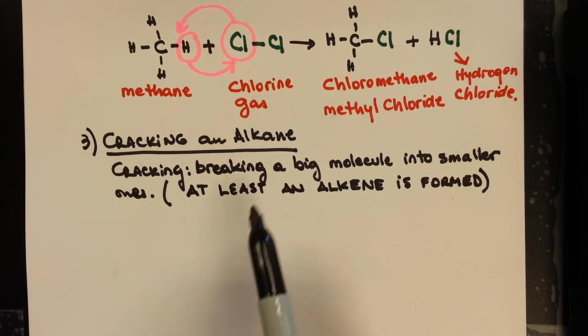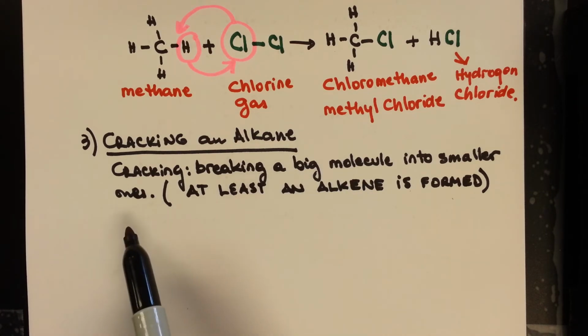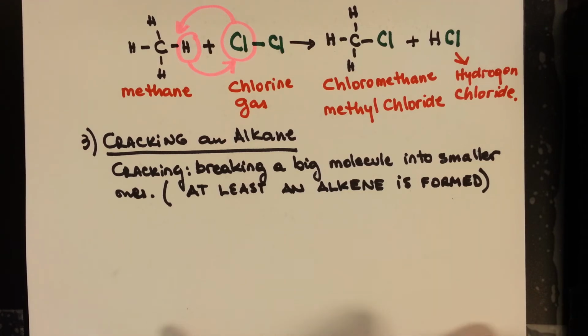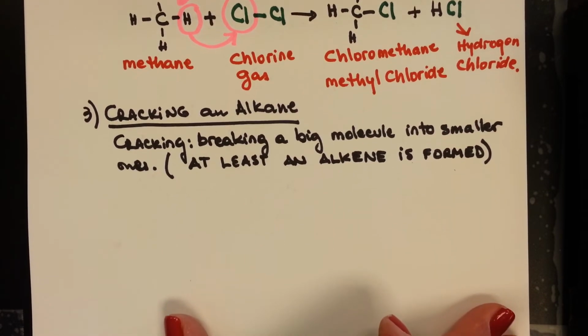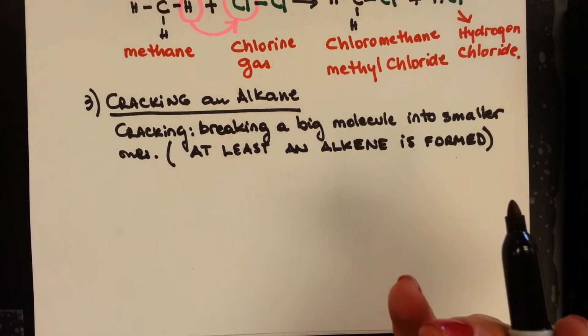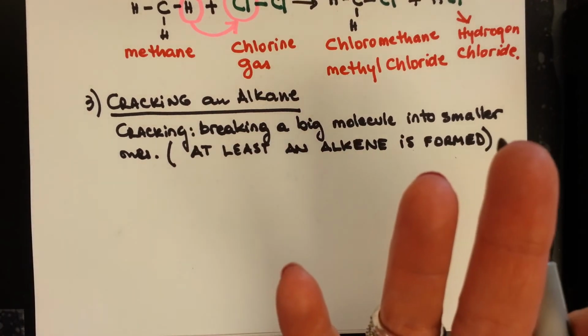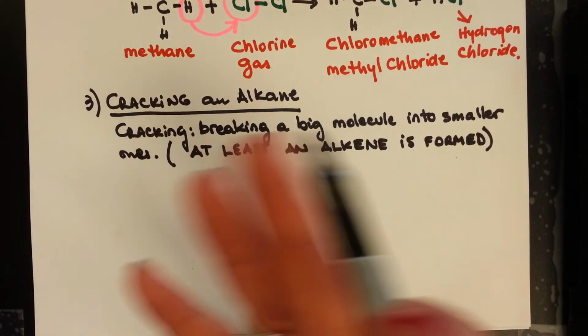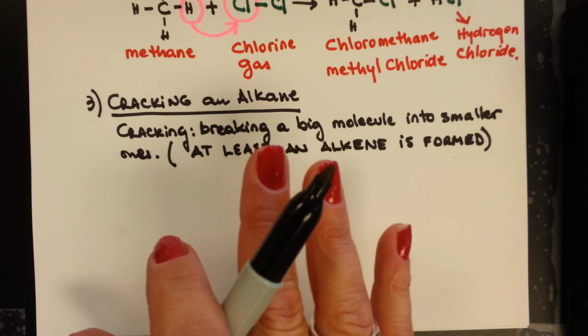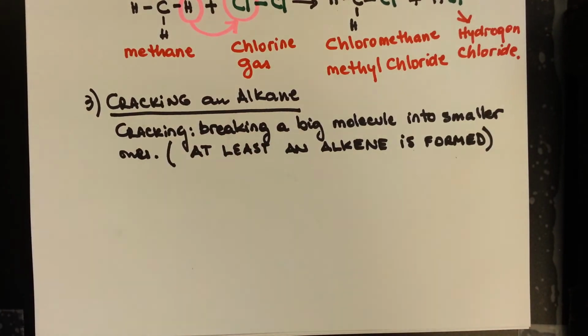So cracking is breaking a big molecule into smaller compounds, and at least one alkene is going to be formed, a double bond will be formed. We are going to see how exactly. I can use a very big molecule and show you a very complicated way of doing that, but it's going to be a lot easier if I use a smaller molecule.